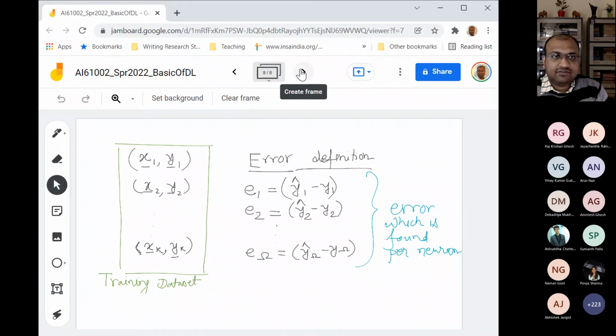But then I don't have some representation of the whole neural network's performance.